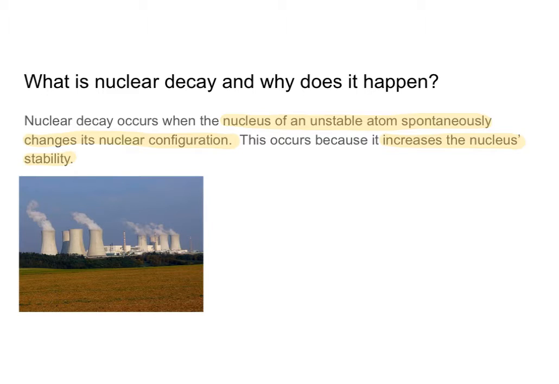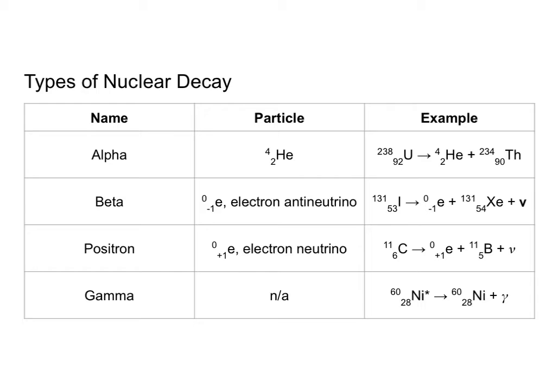In these situations, the atom will spontaneously get rid of whatever is making it unstable, changing its nuclear configuration, and causing it to decay. So there are a few different types of nuclear decay, and this is something you may have seen before in a chemistry class or even perhaps a middle school science class. But I do want to go through the different types of decay, so that way, for anybody who may not have seen this before, you'll have a good background in what these types of decay are.